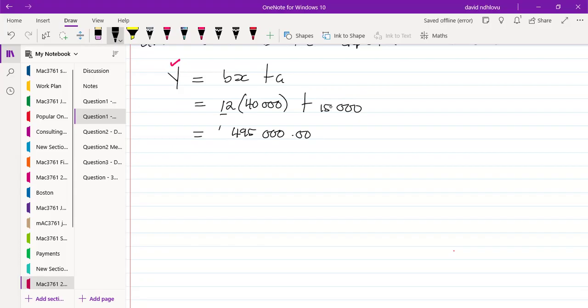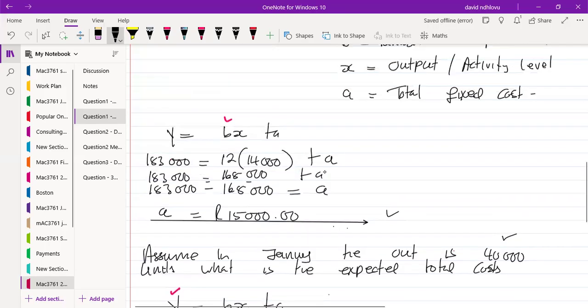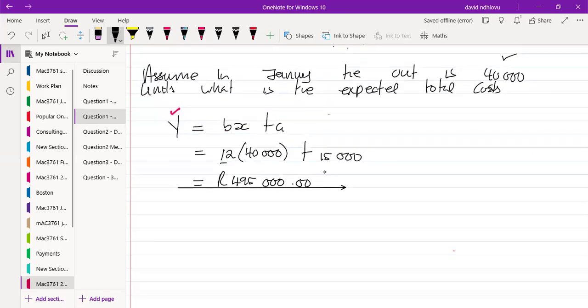So this high-low method can also be used to predict the total cost at certain output levels in the future or now. So we are saying that this is what we expect to incur in total if we have a production of 40,000 and the costs have not changed and we are still within the relevant range.